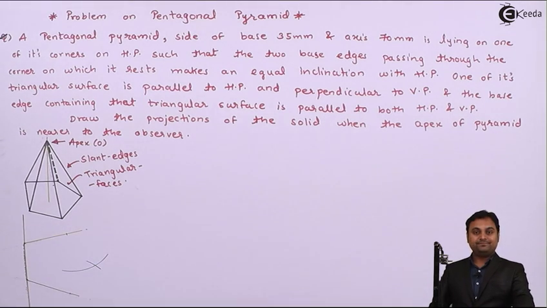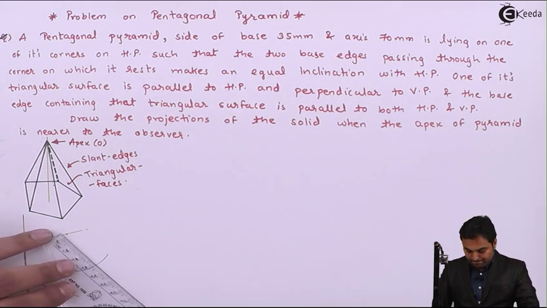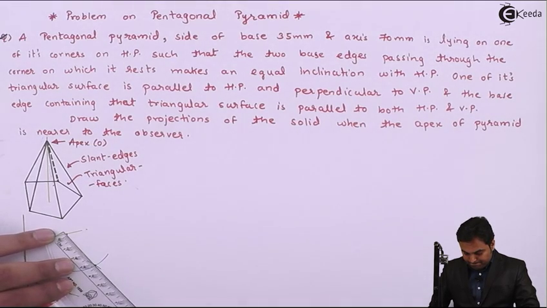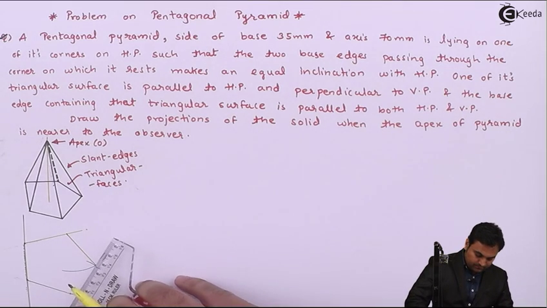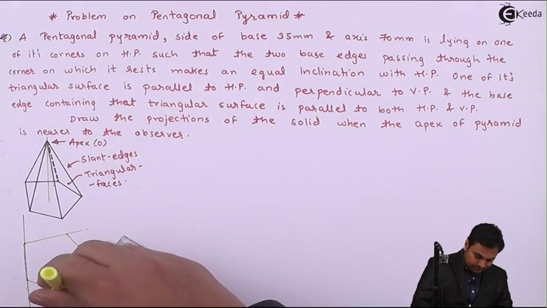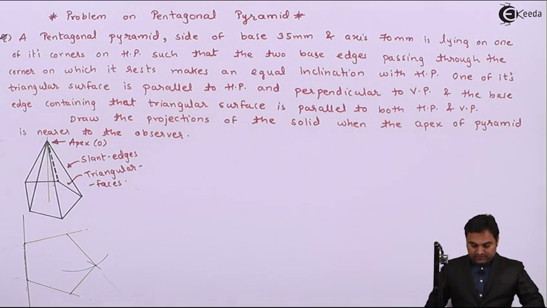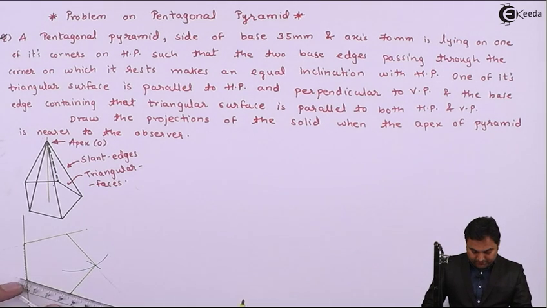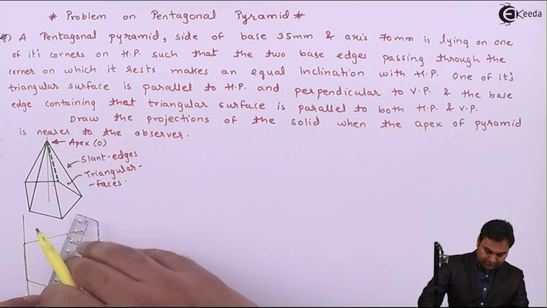Here we get a corner, so I'll connect it first with the help of light line forming the pentagon. Next, drawing the midpoint of one side, so half of 35, 17.5, joining it to the opposite corner.